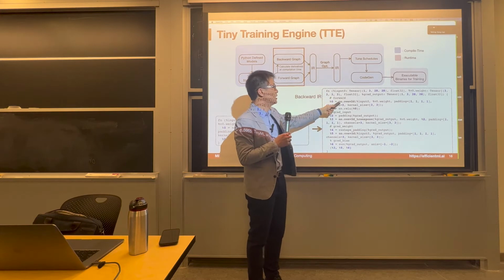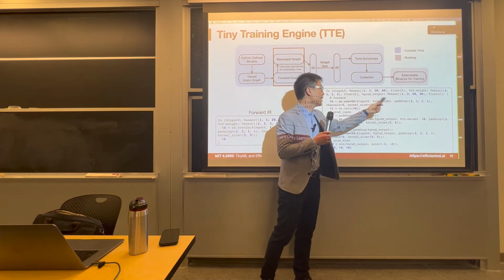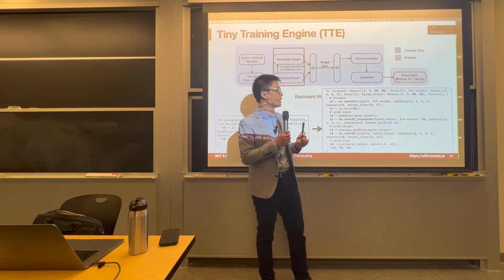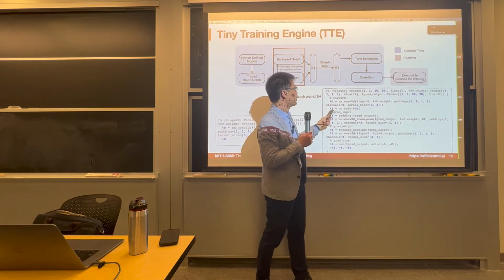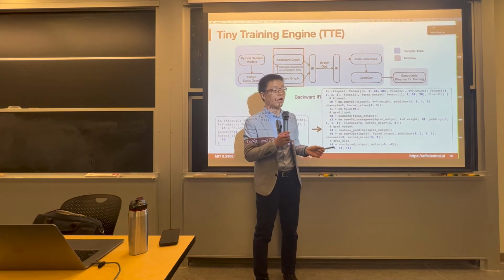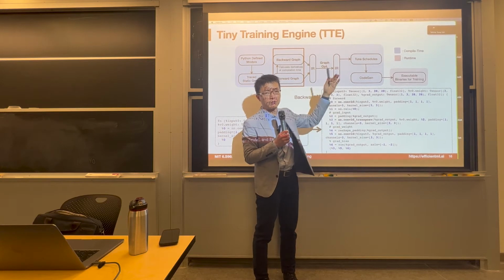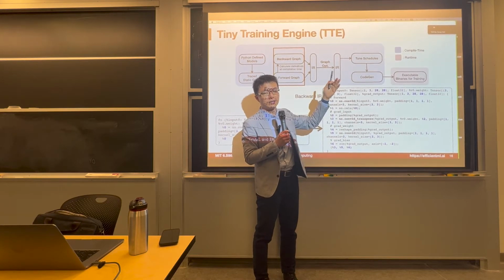So forward is the same, then Conv2D: input, weight, padding. These are the dimensions, right? And also we have three more sections. First, to calculate the gradient with respect to the input, so that you can backpropagate to the previous layer, right?